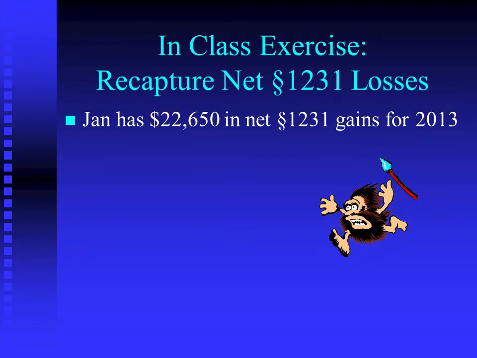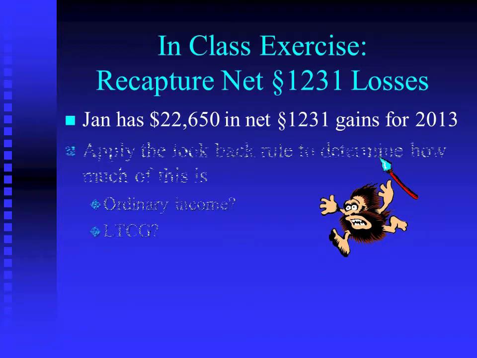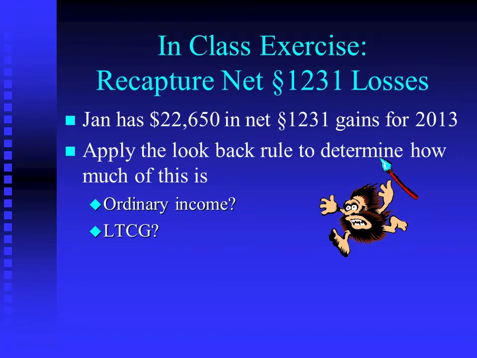But before you can do that, you have to look back to the last 5 tax years to see if you have any unrecaptured net 1231 losses. And I have to give you that information, right? So I will tell you whether or not there have been any net 1231 losses in the last 5 years. To the extent there are, there will be ordinary income. And anything that is left of the net 1231 gain will be a long-term capital gain.